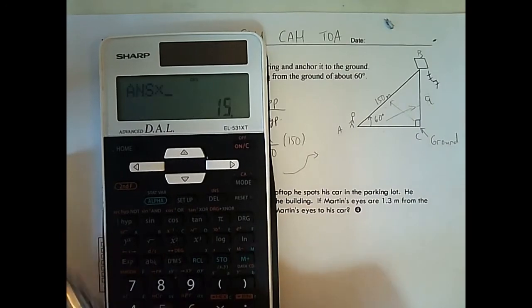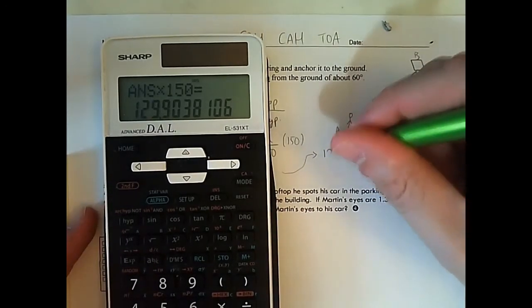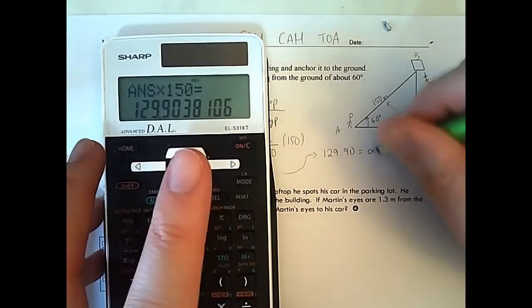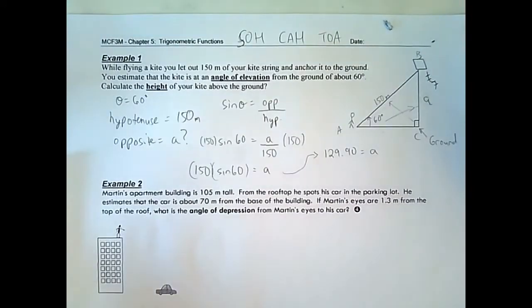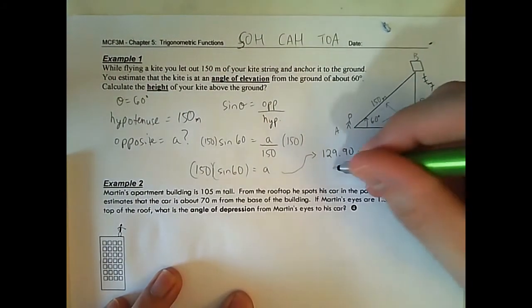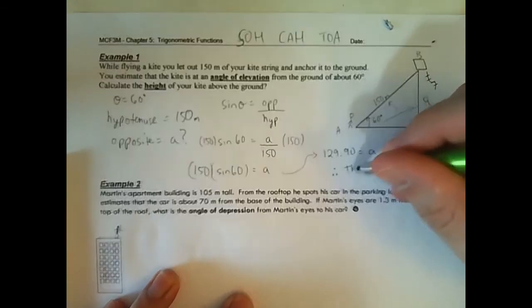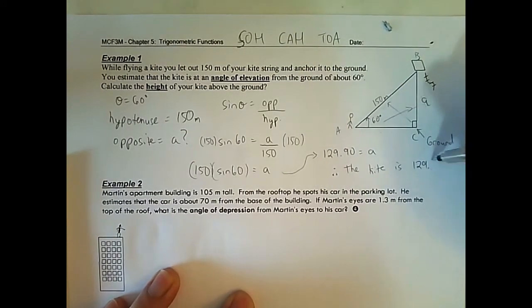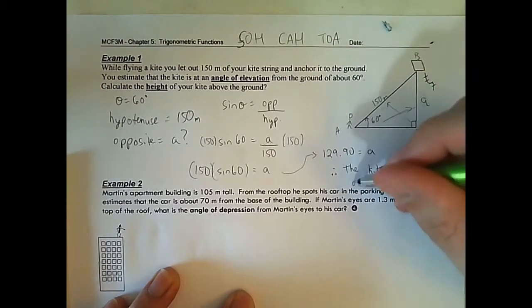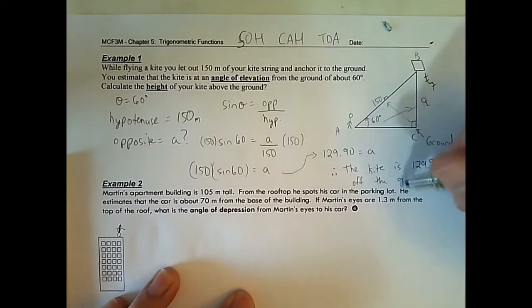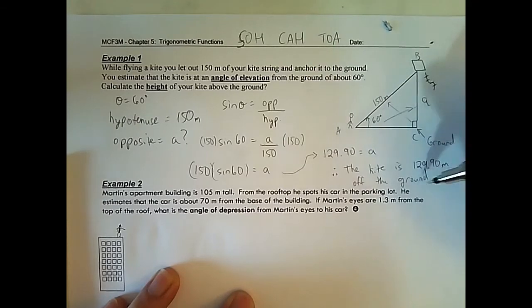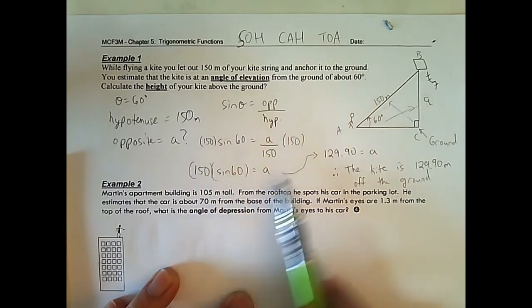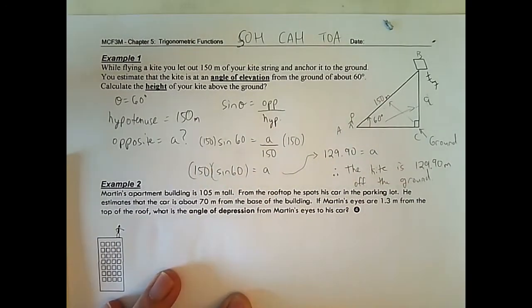So I'm going to keep the whole thing in there and just put my answer from my calculator there, is equal to A. So we know the height of the kite off the ground has to be, therefore the kite is 129.90 meters off the ground. So we just had to see what we knew and then pick the right trigonometric ratio and then solve for the variable to get that answer.